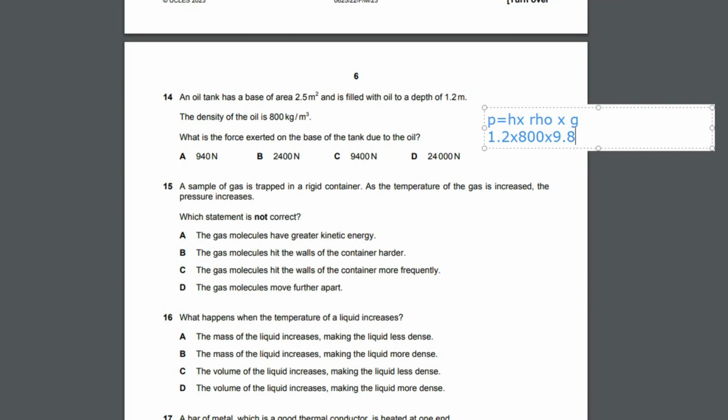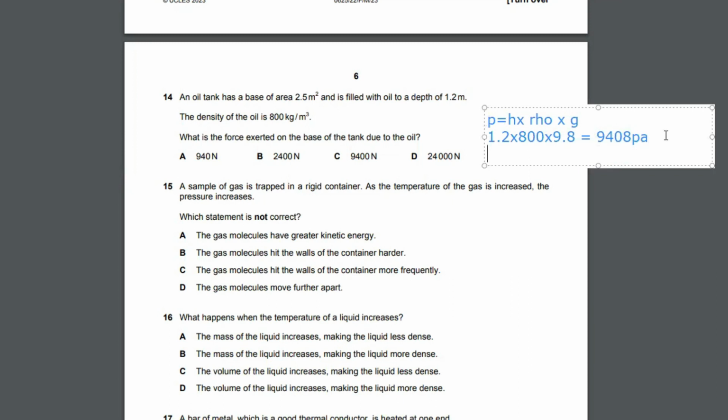It comes out to be 9,408 pascals. So this is the value for pressure.